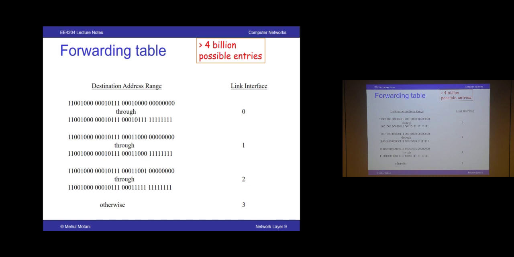Then you have to add, so 2 to the 32, I think you can figure it out. I don't do these things in my head. It's about 4 billion. But actually, you should get good at doing this. It will turn out to be useful. Okay? So the point is, every router has to be able to route to all 4 billion addresses.